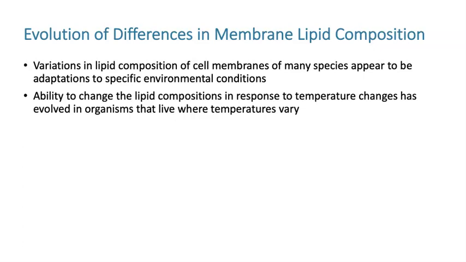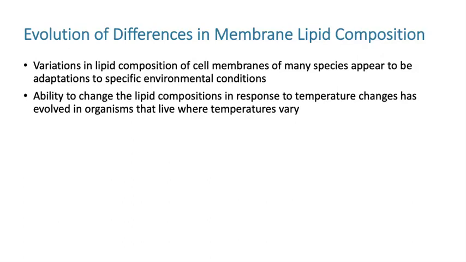Of course, some things have evolved in cold temperatures, and some things evolve in warm temperatures. Things that have evolved in cold temperatures are more likely to have those unsaturated fatty acid tails and higher levels of cholesterol.